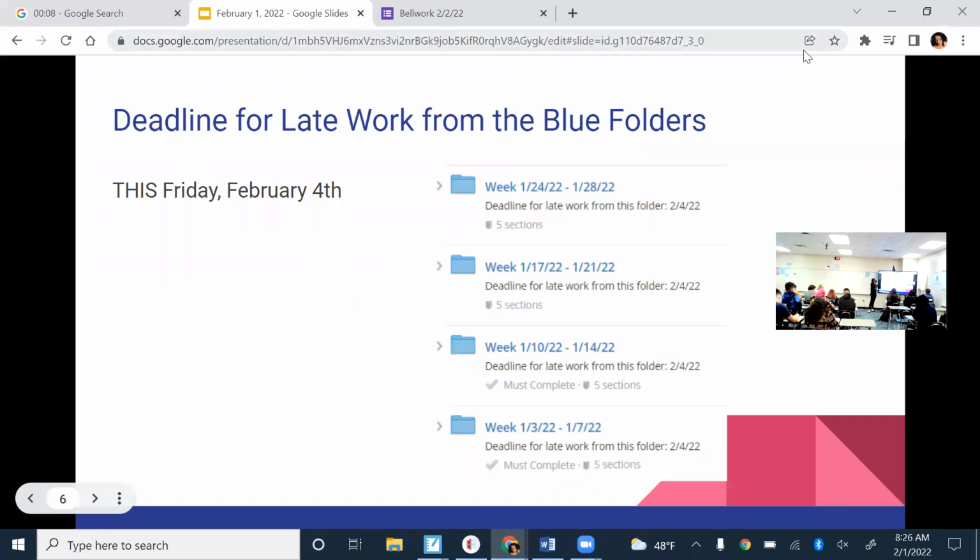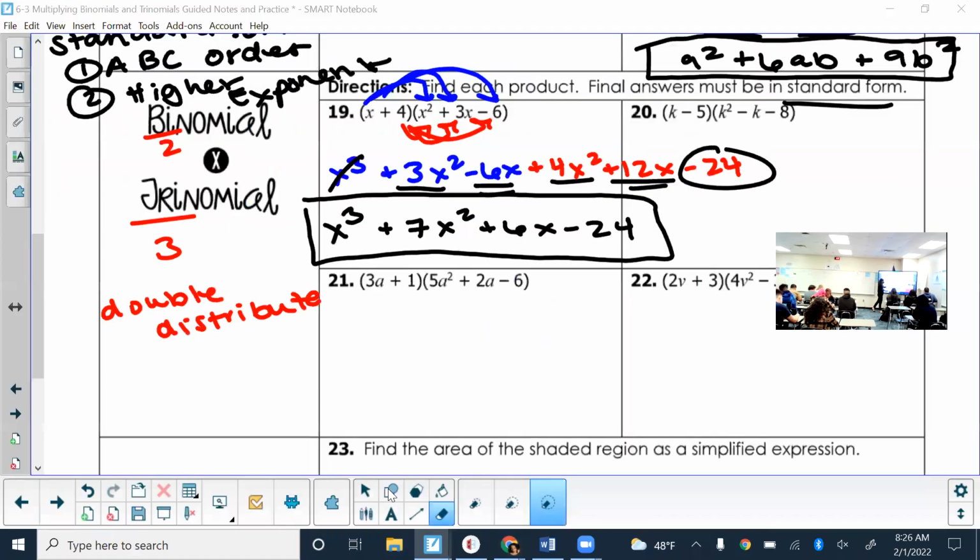All right, so let's go back to where we left off in the notes. As you can see, we got to this section of our notes where it's a binomial times a trinomial. So what's a binomial? A two-term expression. So like here, x plus 4, or k minus 5, or 2b plus 3. Those all have two terms.